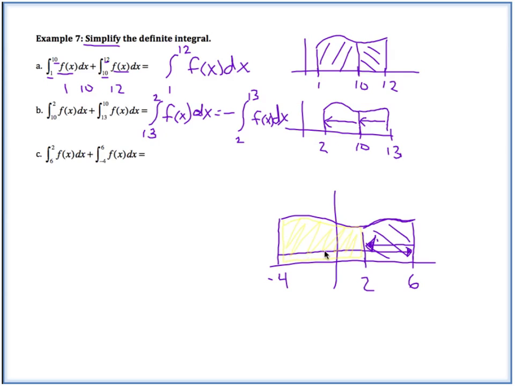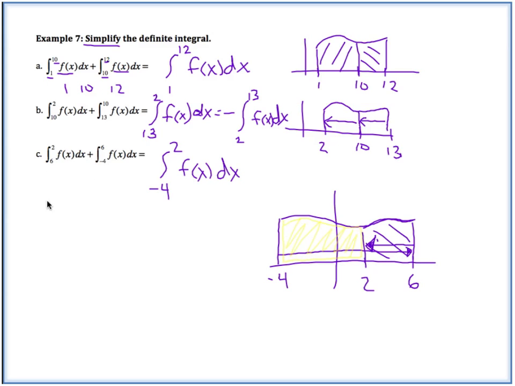So we went from negative 4 to 6 and then backwards from 6 to 2, and so all of this is just like going from negative 4 to 2 of f of x dx. Alright, so a little bit tricky there, but hopefully you can see this visually what's happening.